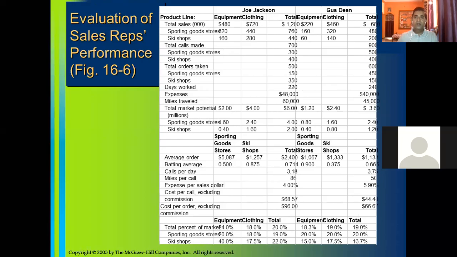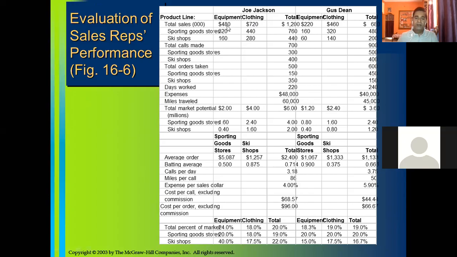We are going to consider the performance of one sales rep due to lack of time. That is Joe Jackson, the first sales rep, who is located in the Rocky Mountain region. Sales are in thousands of dollars.